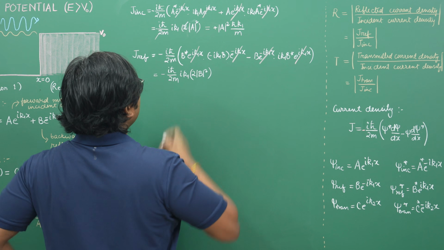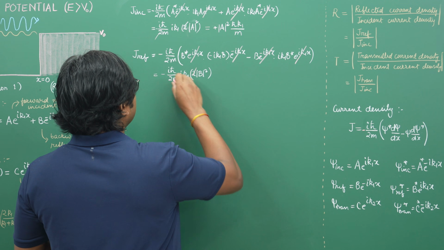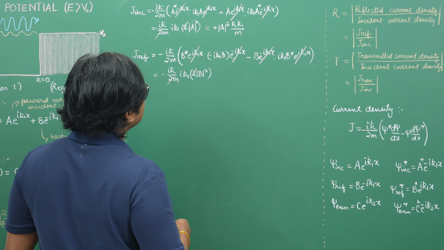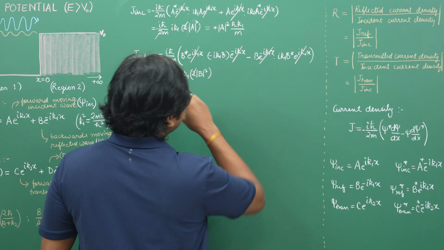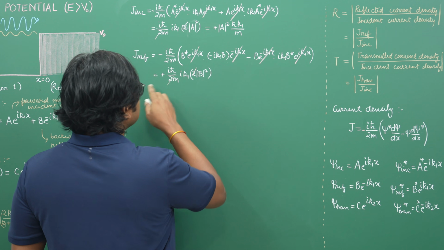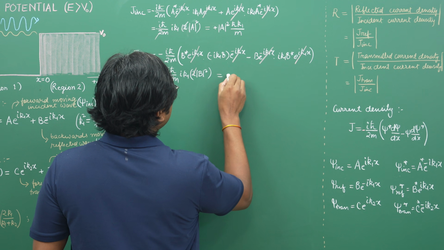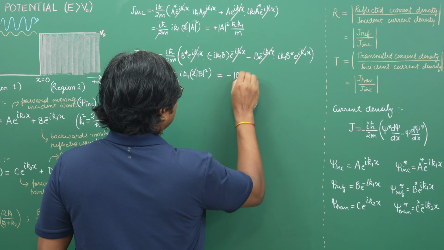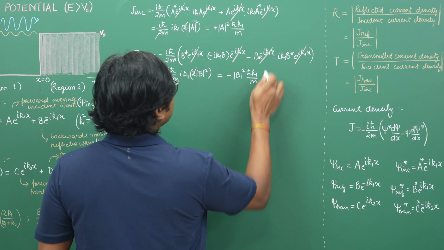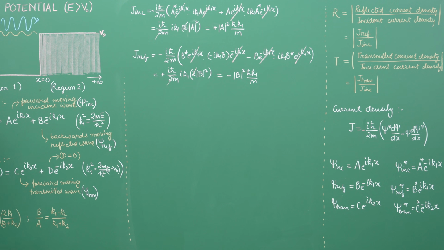So 2 and 2 again get cancelled, and the iota square gets cancelled. Here again there's a minus minus sign, so this minus minus will become plus. So therefore iota square will essentially become minus b mod square h cut k1 upon m, similar to the previous result.